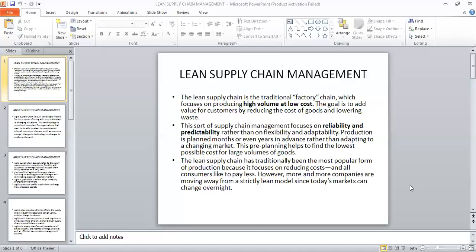In a lean approach, the focus is on efficient and streamlined operations. Anything in the process that does not add value to the customer is eliminated in lean supply chain management.